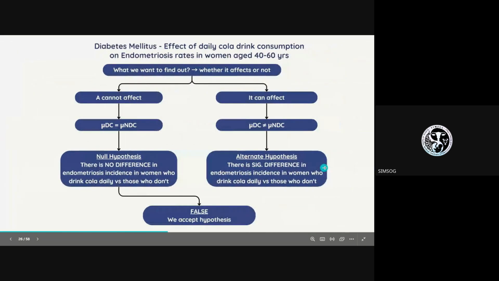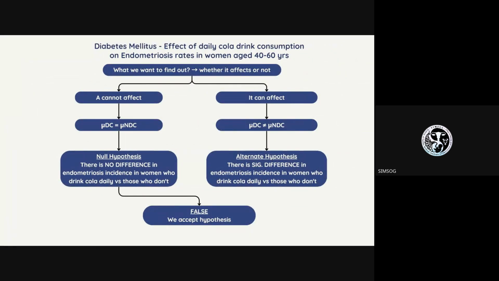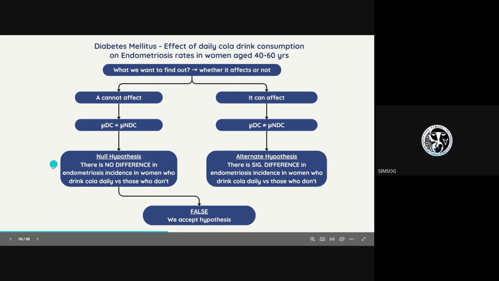Now let's say that it is not the case. Cola drinking, let's say, does not cause GDM. The reality is that, and a study also finds that. So in our study, we would find that the mean values of blood sugar levels of cola drinkers versus those who do not drink cola would be similar, and hence we would accept the null hypothesis.